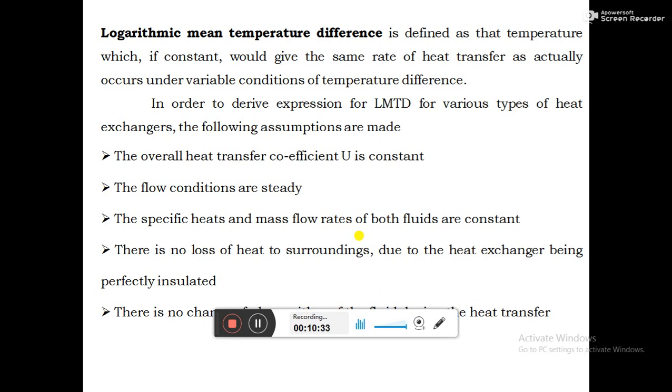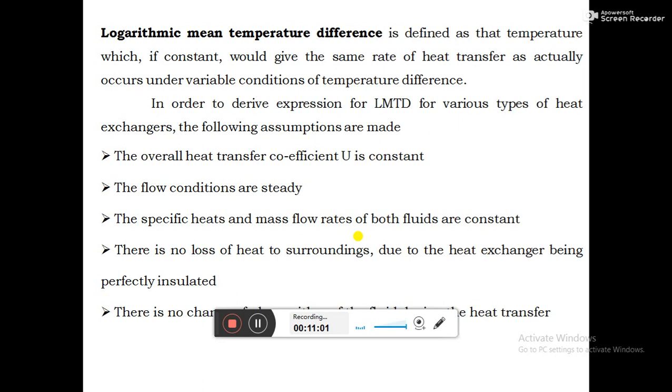It is the temperature difference which, if it remains constant, would give the same rate of heat transfer as actually occurs under variable conditions of temperature difference. It is just for the sake of simplicity of design.